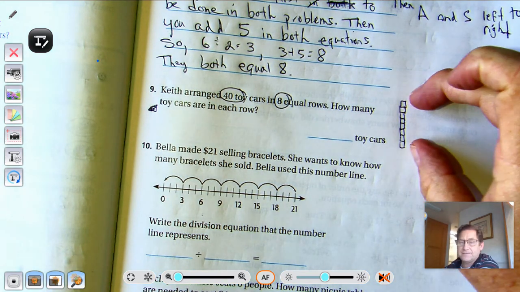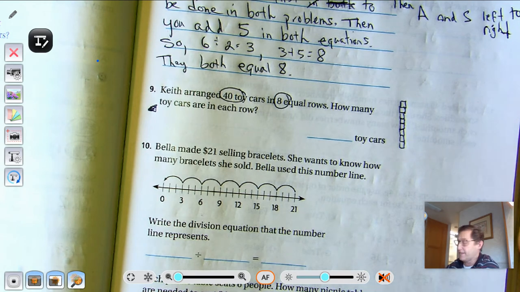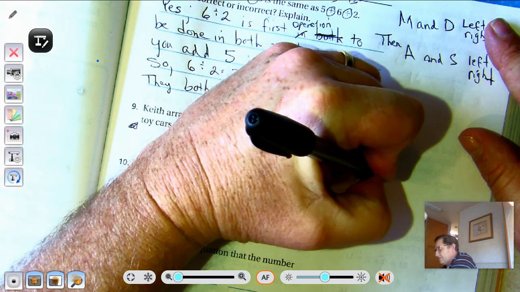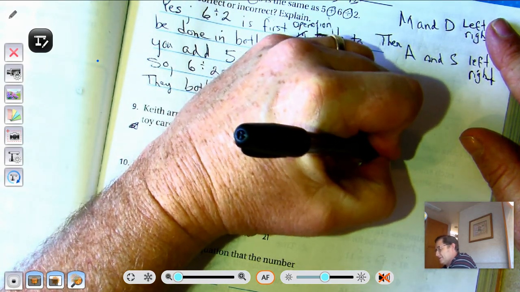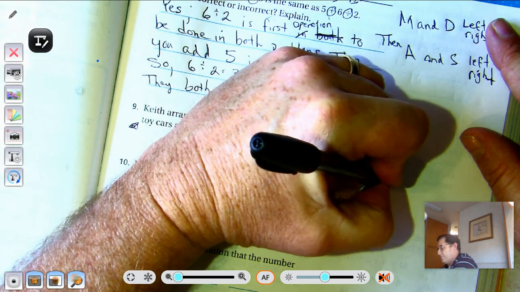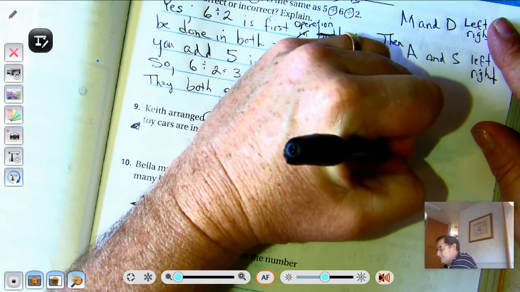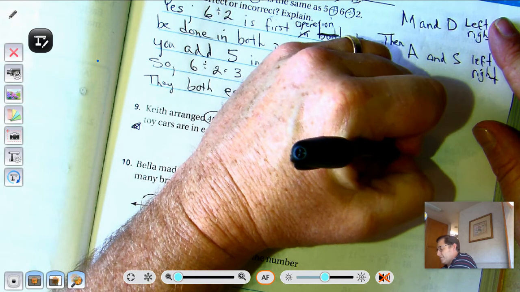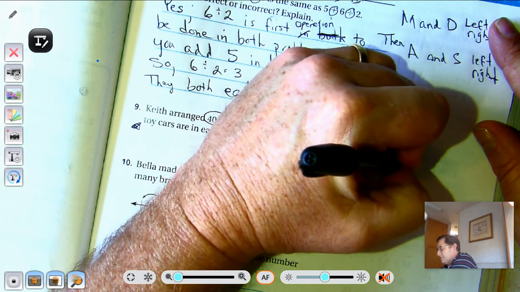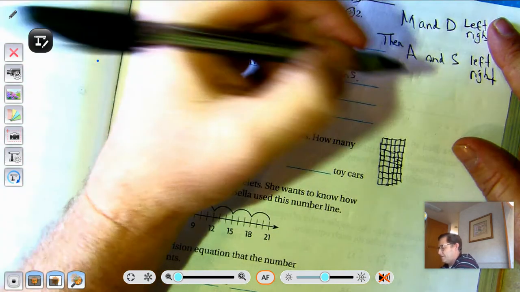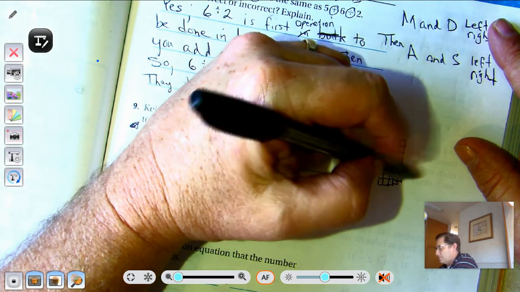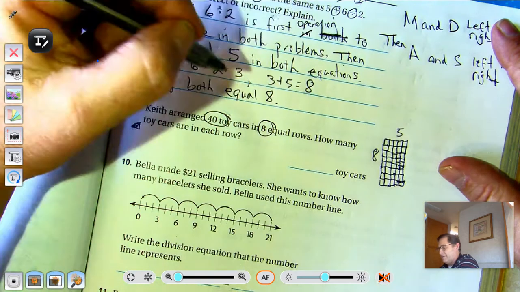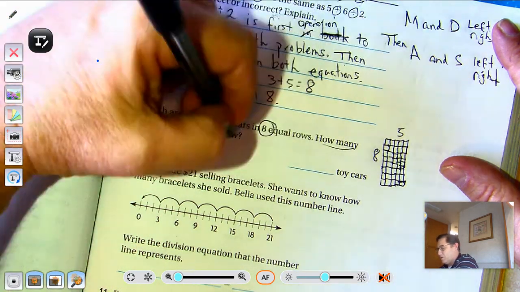Now I keep adding 8 cars to the rows until I get to 40. 9, 10, 11, 12, 13, 14, 15, 16, 17, 18, 19, 20, 21, 22, 23, 24, 25, 26, 27, 28, 29, 30, 31, 32, 33, 34, 35, 36, 37, 38, 39, 40. So we have 8 rows of 5. So how many toy cars are in each row? 5.